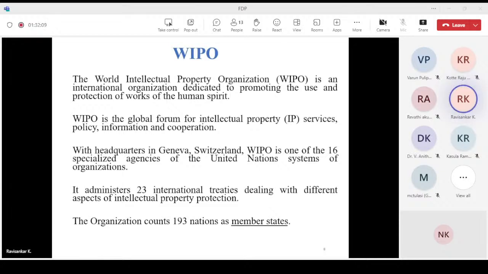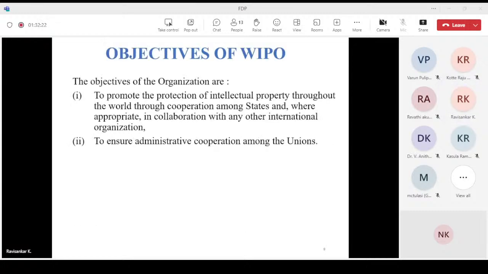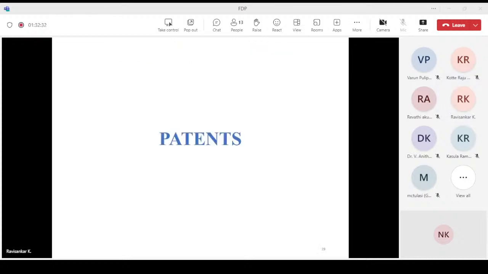It administers 23 international treaties dealing with different types of IP protection, and the organization has 193 nations as member states. The objective is to promote the protection of intellectual property throughout the world through cooperation and to ensure administrative cooperation among the unions.